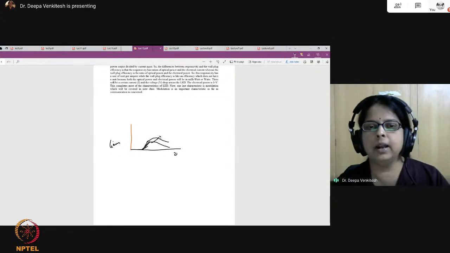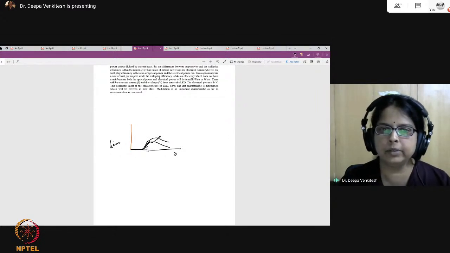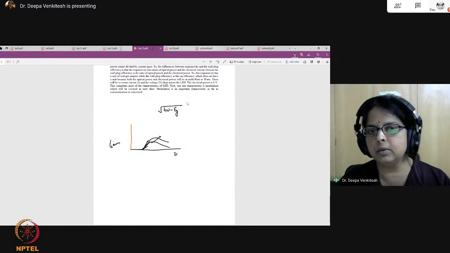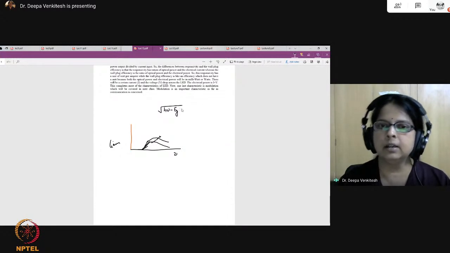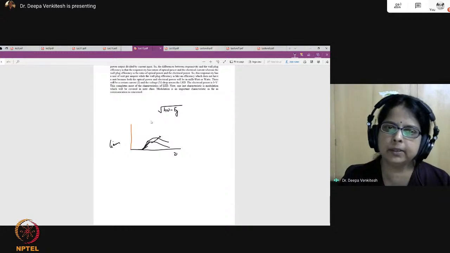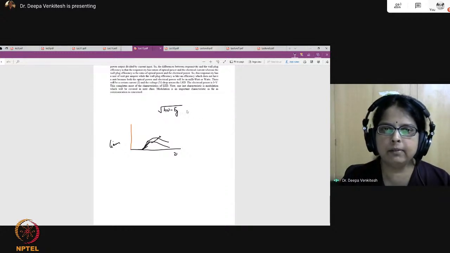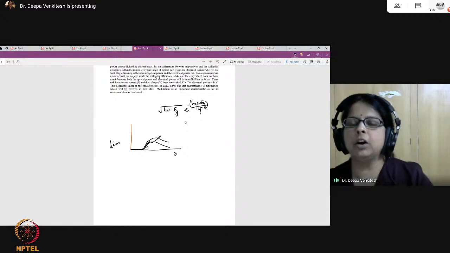I told you that this relation is decided by two factors. One is density of states, which is not a temperature dependent quantity, in the first approximation. And you have e power minus (h nu minus Eg) divided by kT, which is your occupation probability.